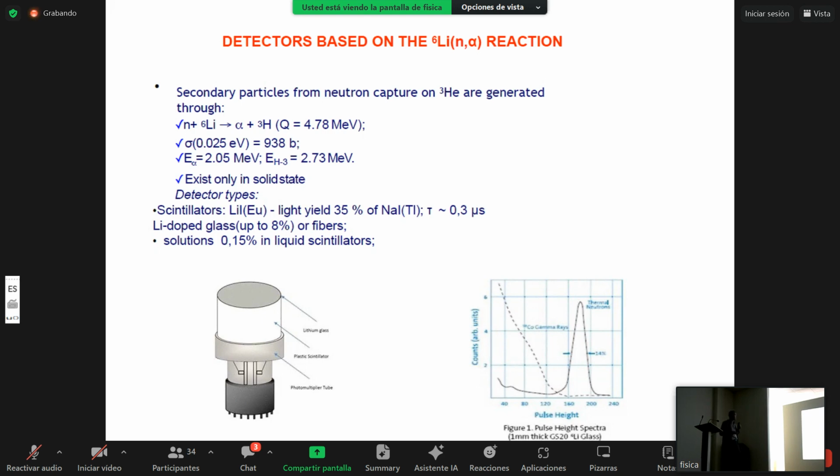Sometimes this is more important, even if you have to sacrifice your efficiency. Lithium also can be used in some liquid solutions with concentrations of about 0.50%. Here is just an example: lithium glass connected to a PMT. You can use it as a simple scintillator to specifically detect neutrons.